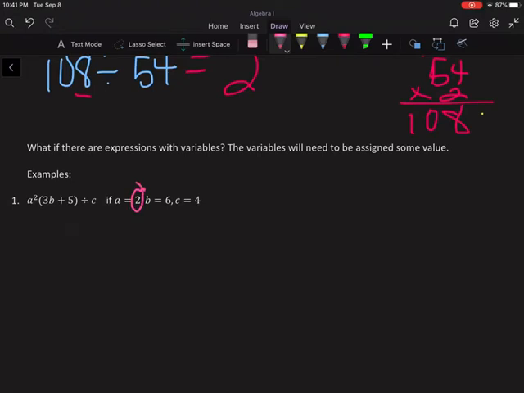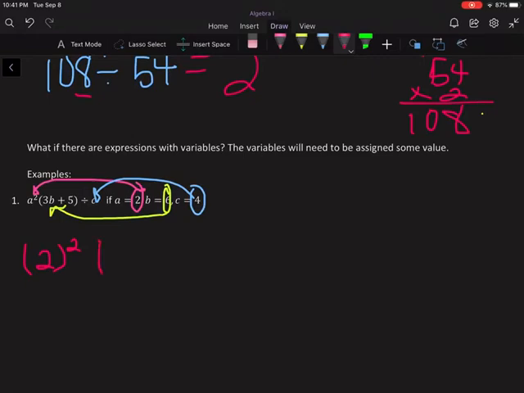I want to make sure we plug them in correctly. So I know that this 2 belongs to the A, so the A goes in there. This B is a 6, and that 6 goes in there. And that C is a 4, and that goes in there. Excuse my arrows. So I have 2. What's crucial is you put the 2 in parentheses.